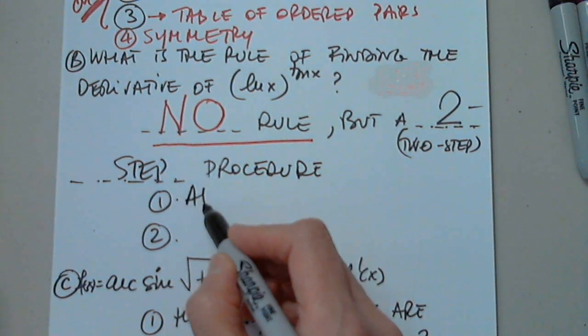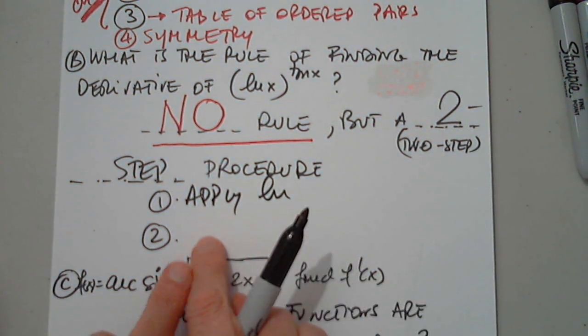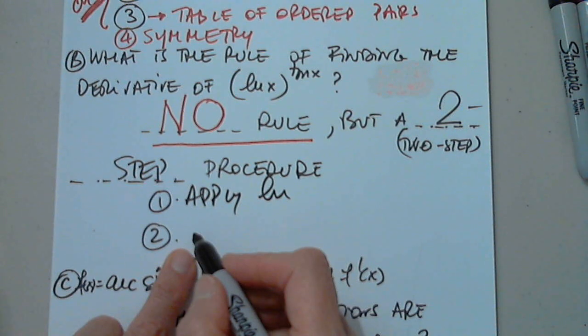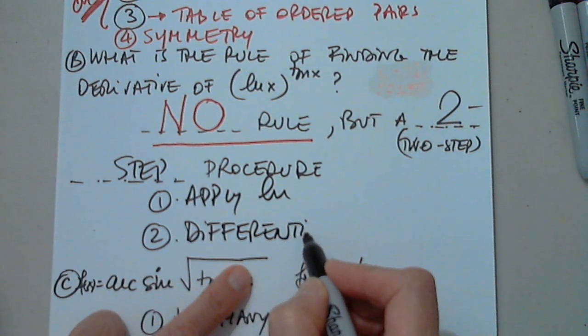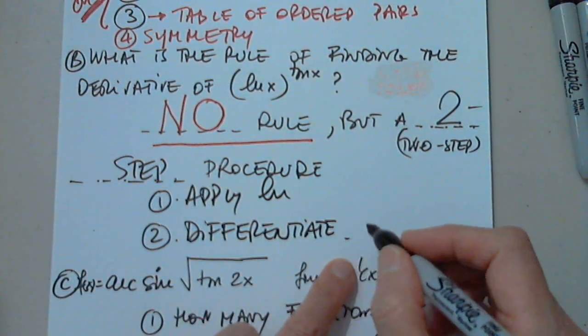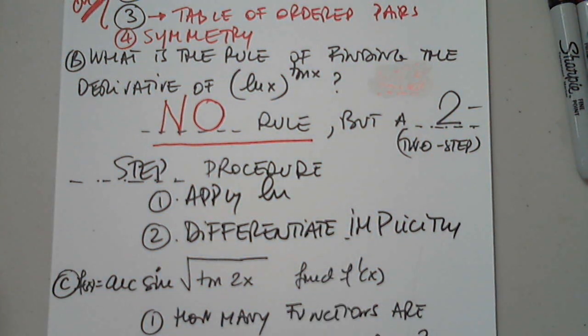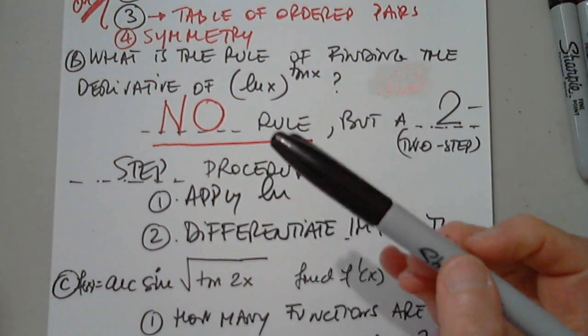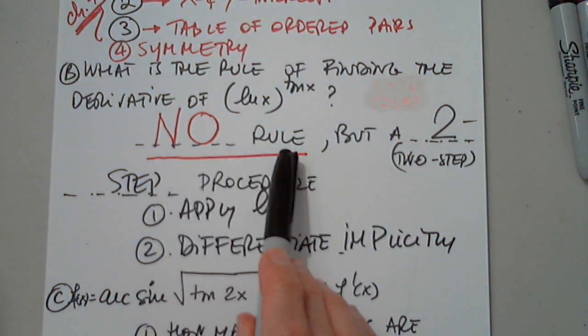Apply log to both sides? Yes. Apply natural log to both sides, of course, and then? Differentiate. How? Implicitly. Yes. Differentiate implicitly. So please remember, a function raised to another function has absolutely no rule.